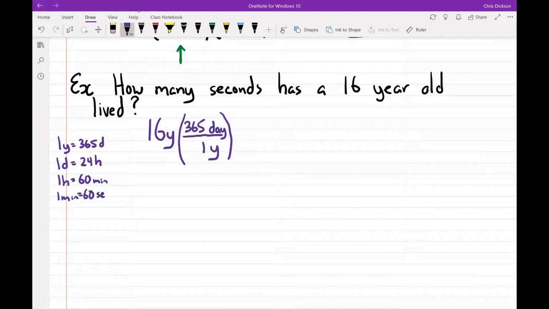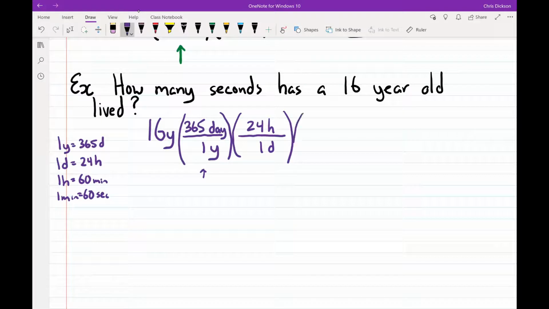So once again, you could do this as 4 separate calculations, but I'm just going to show you the benefit of conversion factors, which makes this math question much quicker, I think, than writing out 4 different equations. So my first conversion factor converts from years to days. My next conversion factor has to convert from days to hours, so 1 day is equal to 24 hours.